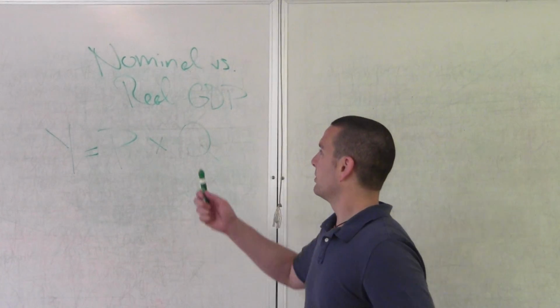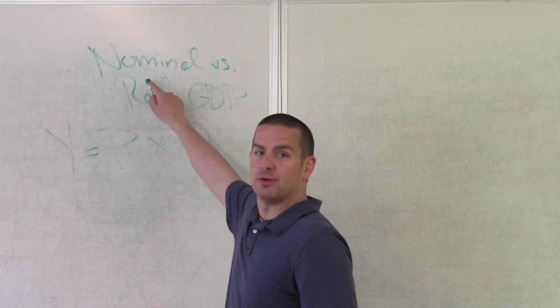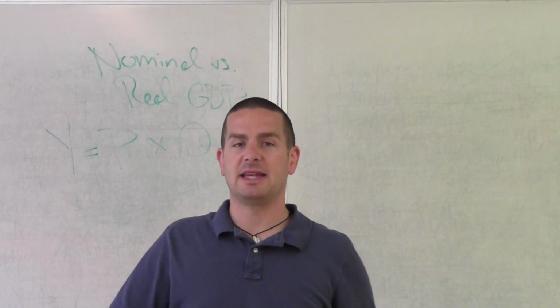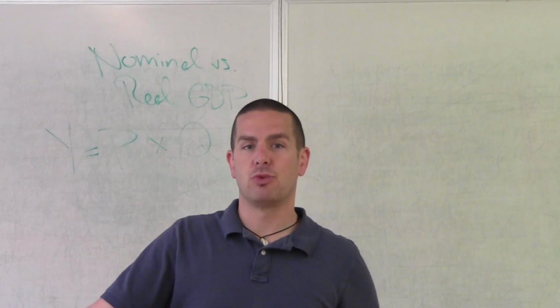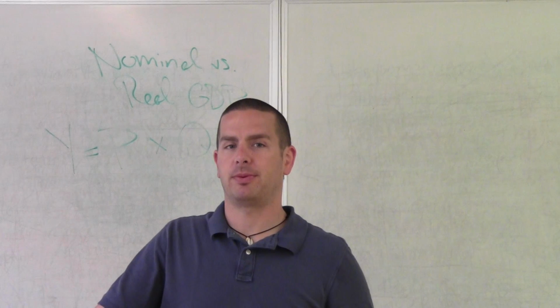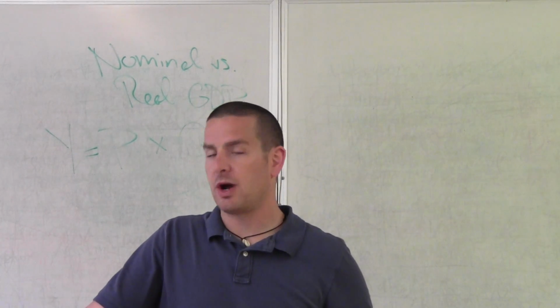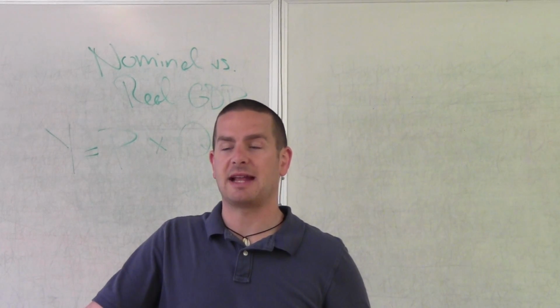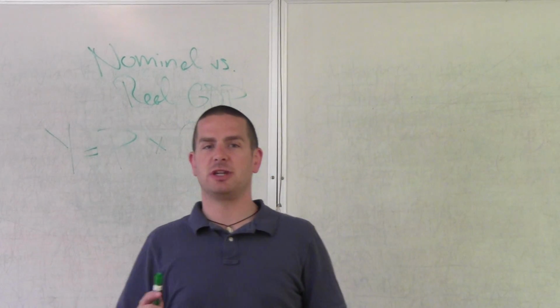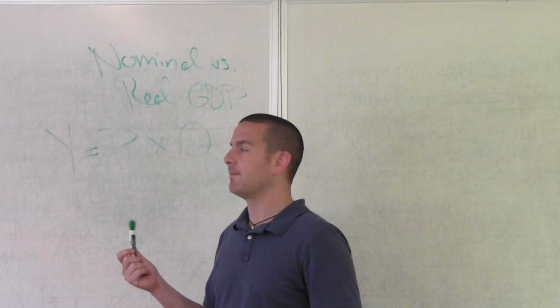So, when we're looking at nominal versus real GDP, what we're really looking at is, did we produce more stuff, or did the price of it just go up? And that's why economists like to look at something called real GDP. We don't look at nominal GDP, we look at real GDP.